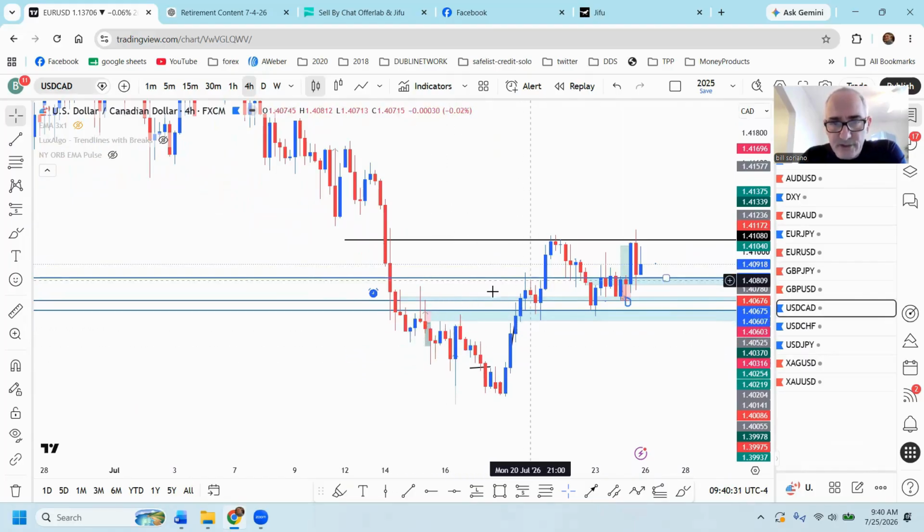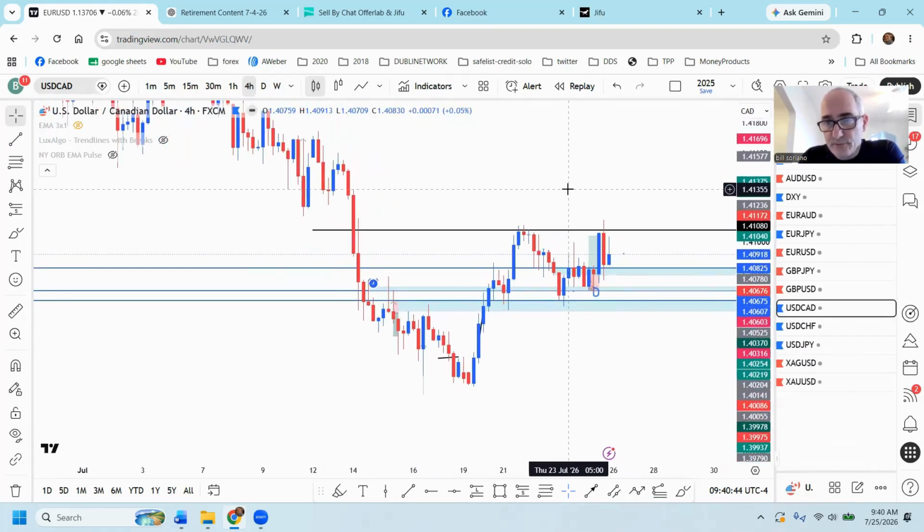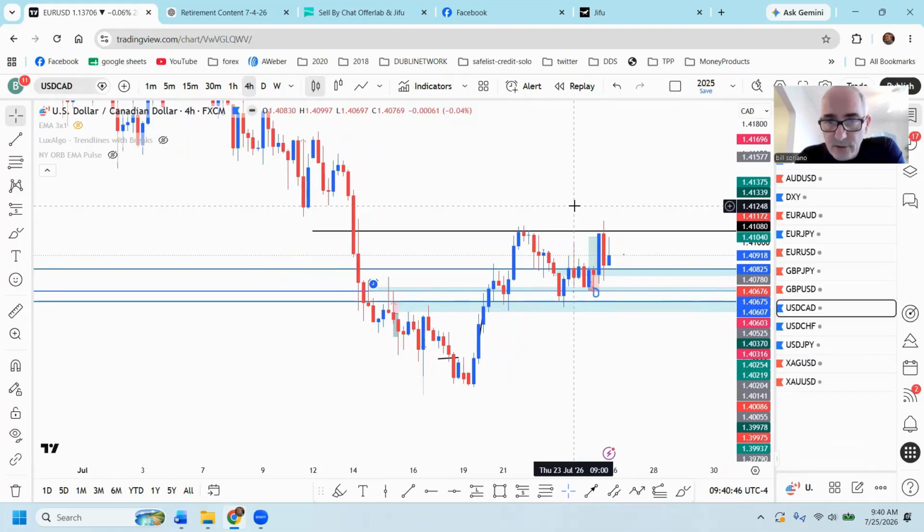And then price moves up and we get a 4 hour candle open and close above here. And then we get another pullback and another break of structure to the upside here. And so we're bullish right now on USD/CAD. Now, if we would get a break of structure below this area here, see if I can draw that for you here.